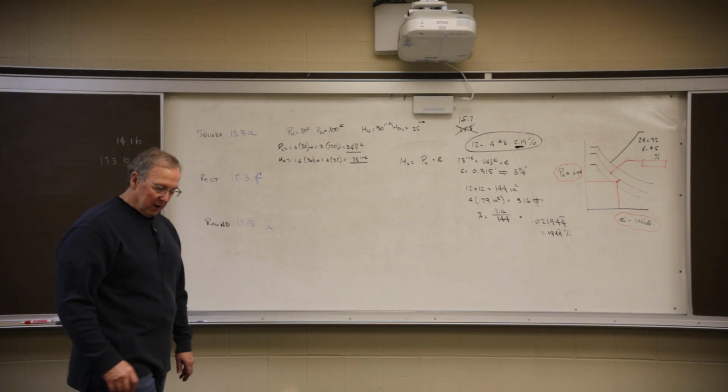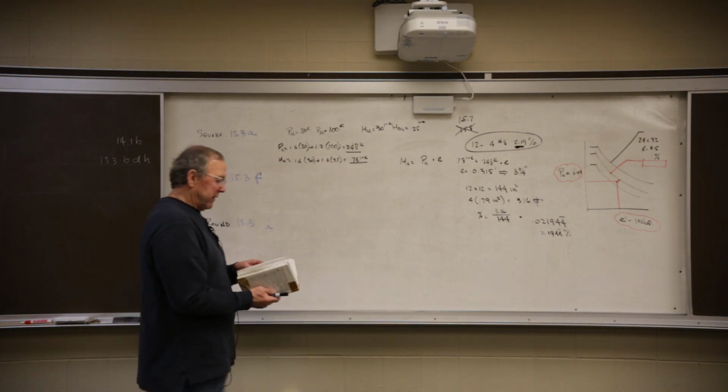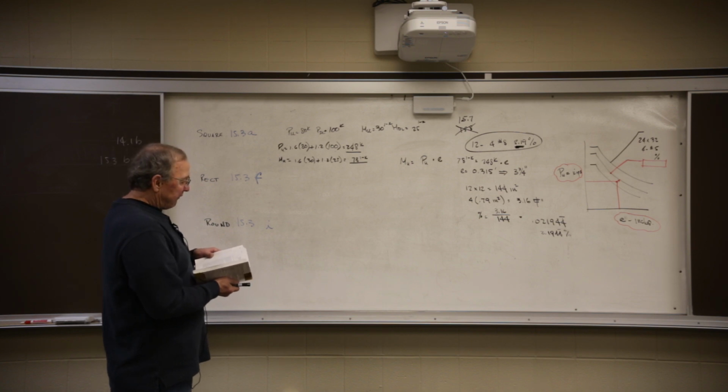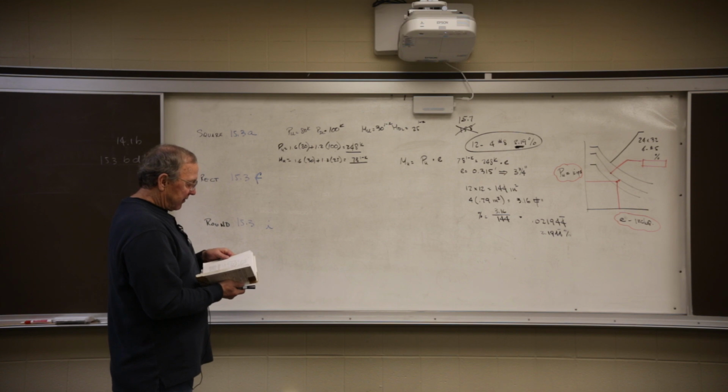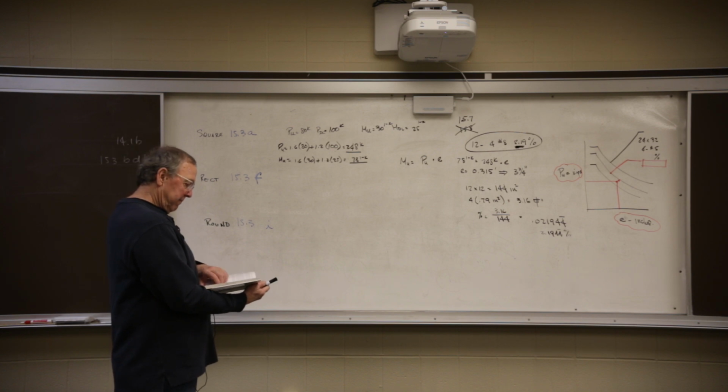The second one, the rest are going to be pretty quick, okay? We're not going to take a whole lot of time. So if you go to 15.3F, let me find it here. I'll be with you in a second. 15.3F. We need PU and we need MU.